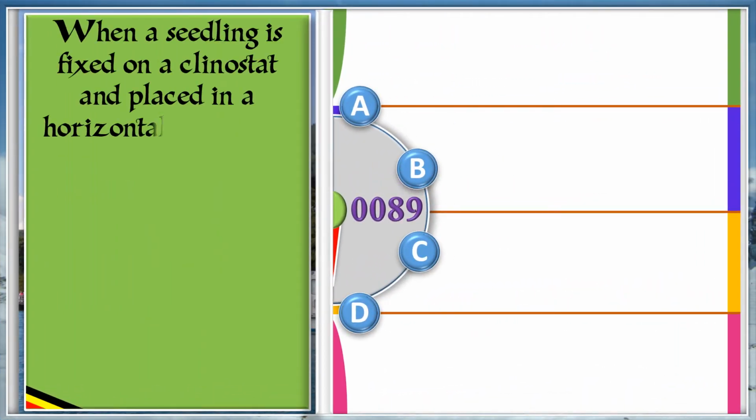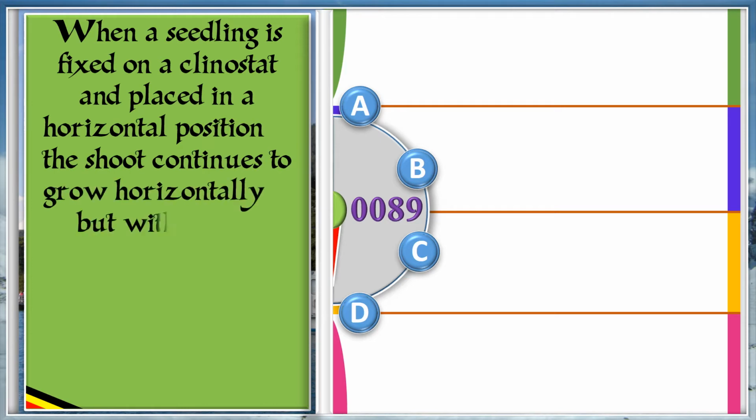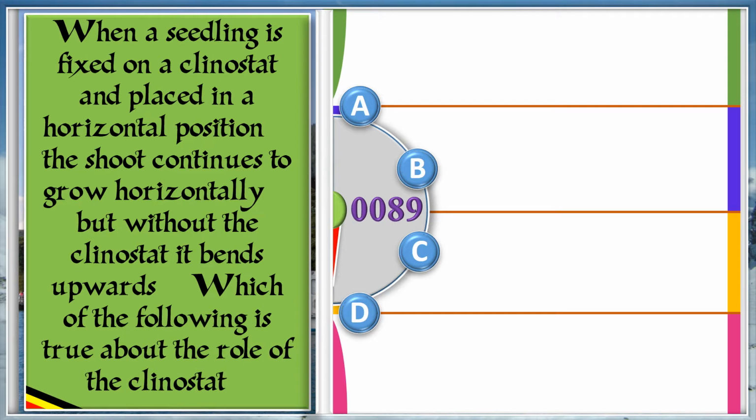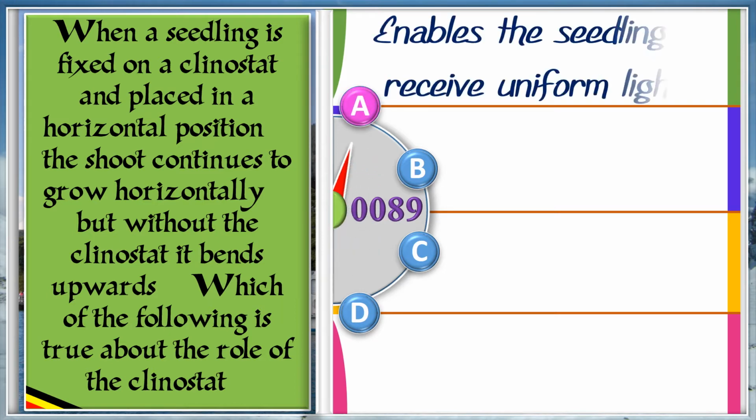When a seedling is fixed on a clinostat and placed in a horizontal position, the shoot continues to grow horizontally, but without the clinostat, it bends upward. Which of the following is true about the role of the clinostat? A. Enables the seedling to receive uniform light.